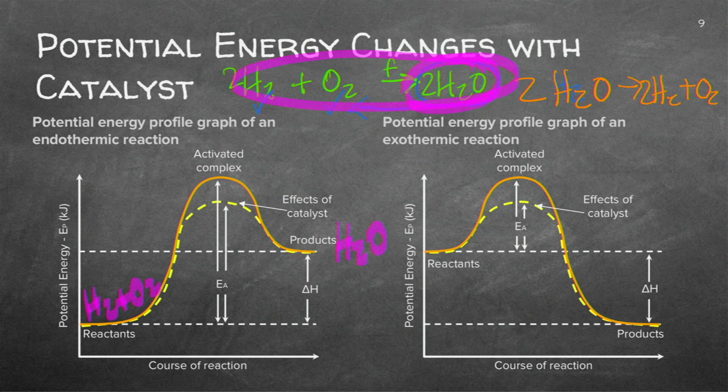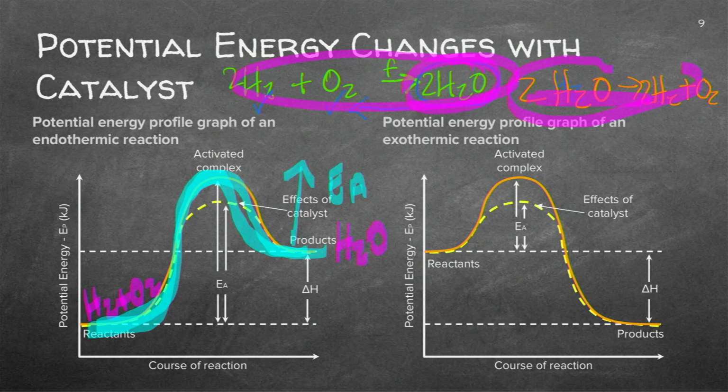If I now have a look at the reverse reaction, where I start with the water, I'm now going to move from here up to there. Did you see I'm going from right to left? This will now be my activation energy. This will now be my energy released, and this will now be my delta H.